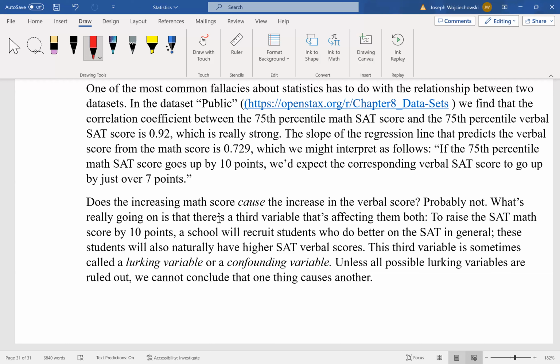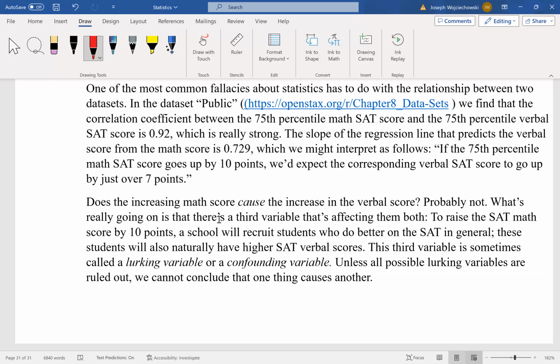Does the increase in the math score cause the increase in the verbal score? Probably not. What's really going on, of course, is a third variable that's affecting both. To raise an SAT math score by 10 points, a school would recruit students who do better on the SAT in general. These students will also naturally have higher SAT verbal scores.